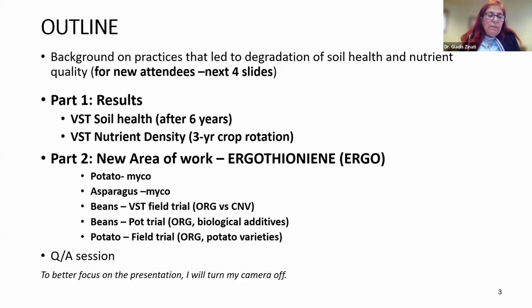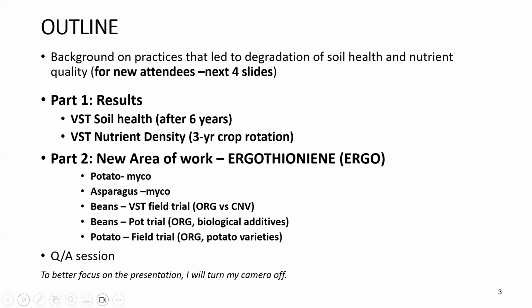I will give more detailed information about the second part so people can understand what this amino acid is. At the end of the presentation, we'll have a Q&A session.